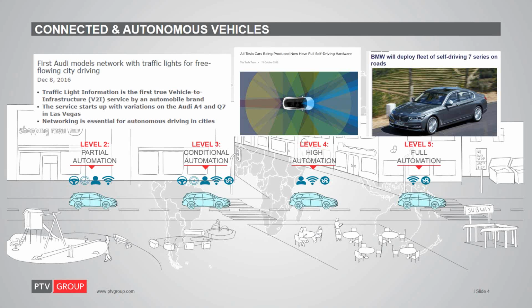We're going to show in this webinar how some of the features which currently exist, such as the car-to-infrastructure communication demonstrated by Audi's traffic light V2I capability, can be modelled, as well as more advanced full automation applications which we can expect from vehicles in the near future.